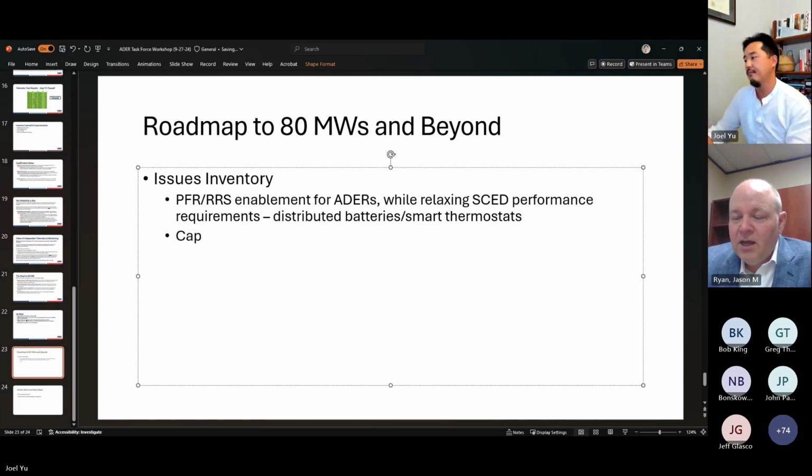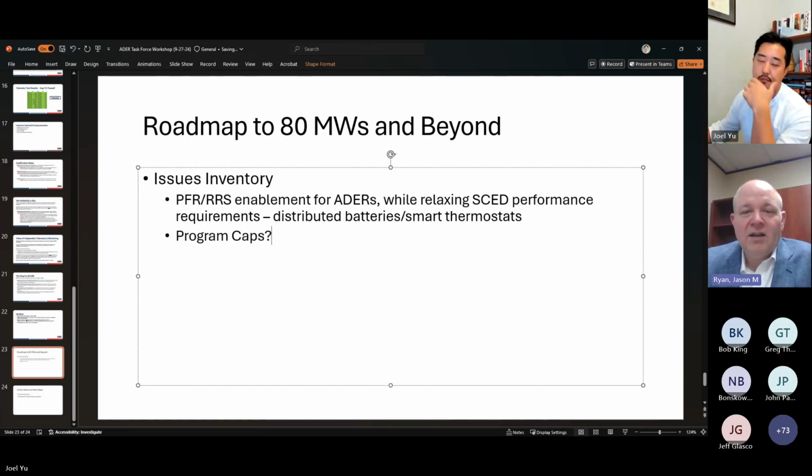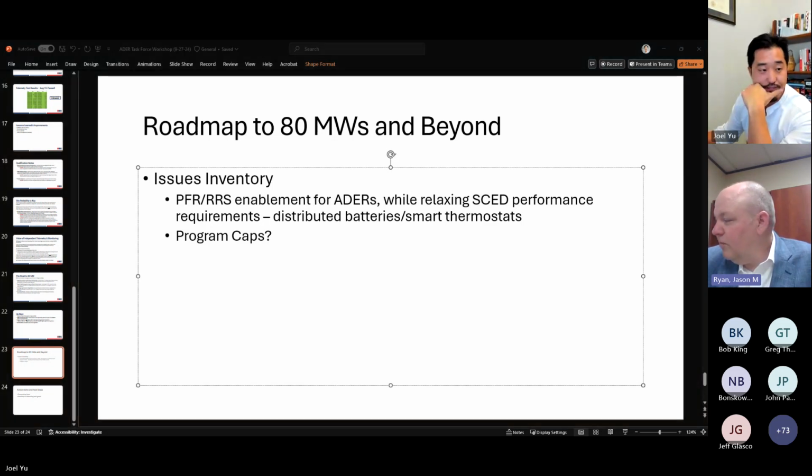There's the 80 megawatt cap. There's the nobody can be more than 20% of the 80 megawatt cap. So lots of caps to think about. So dig back in your mind and think about all the things that we've talked about over the last 2 years, and we'll start jotting them down and really fleshing them out. But Resmi, I'll turn it over to you, and we'll go in the order of the raised hands.